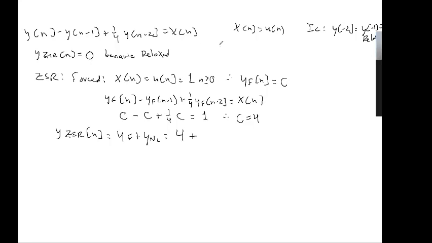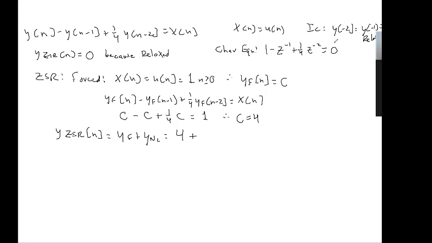So let's go find our characteristic equation, which for this system looks like a 1, a minus 1 times z to the minus 1, and plus 1/4 times z to the minus 2 for this delay. And then we're finding the homogeneous solutions by setting that equal to 0.